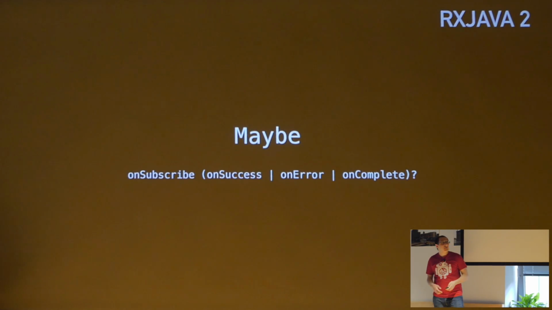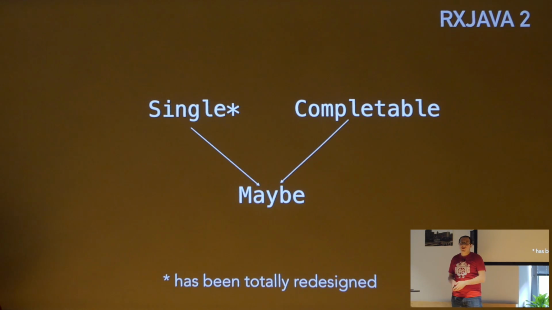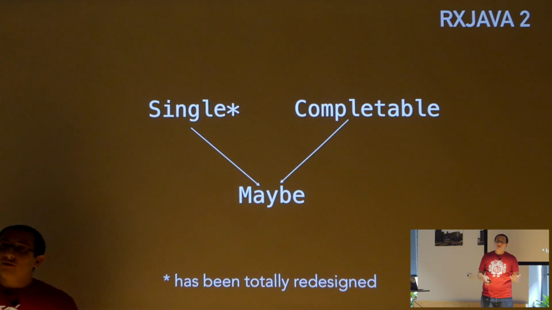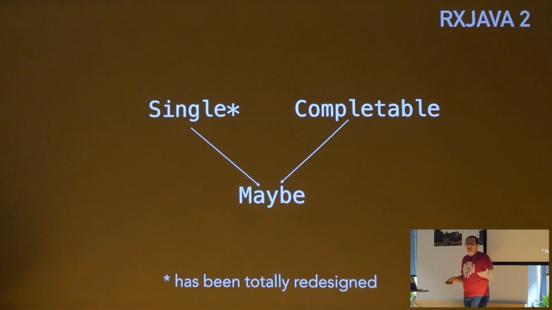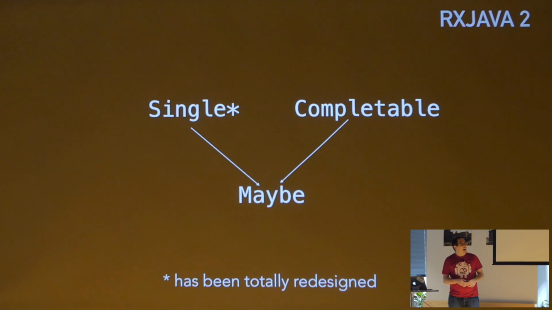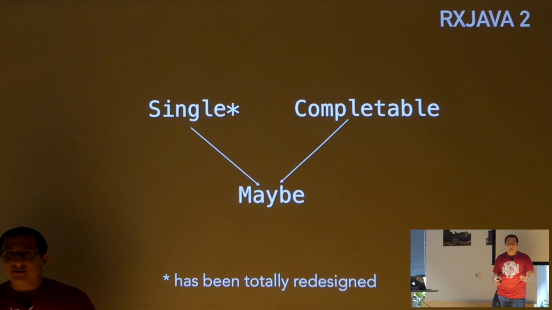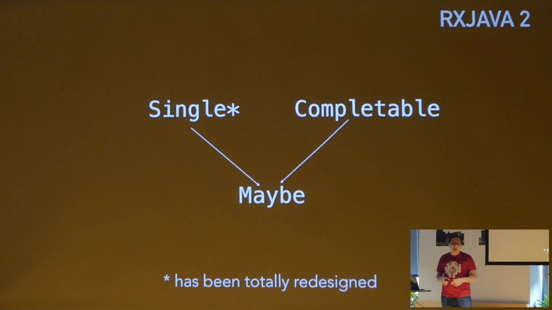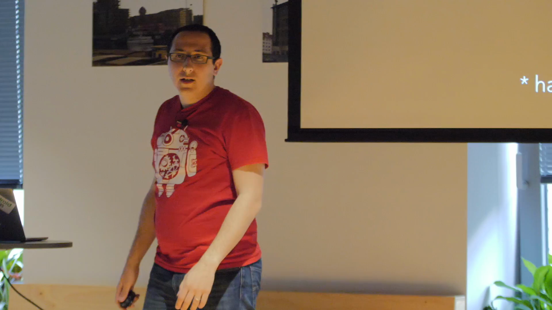It's worth noting, though, that single has been rewritten from scratch, so now we don't have onNext anymore, we have onSuccess. And it makes sense, because I use it more for network requests. I don't really need to know that the request is completed. I need to know if it succeeded or not. So I'm OK with that.